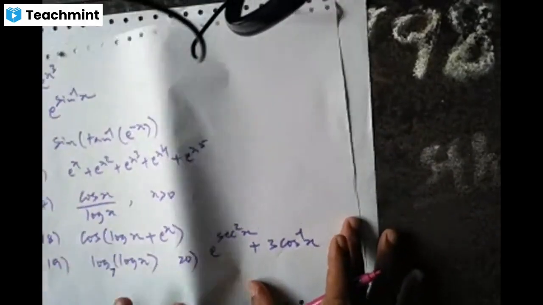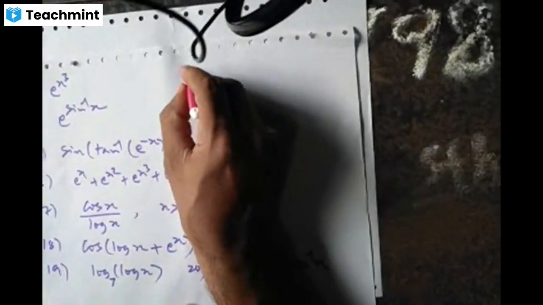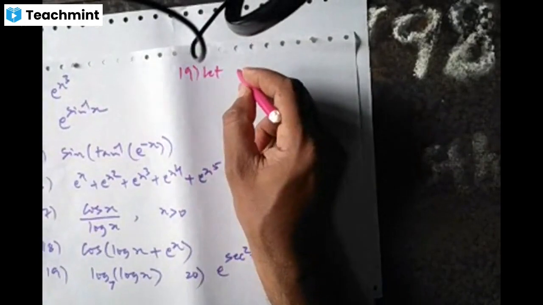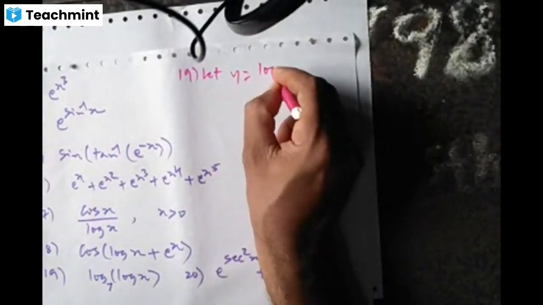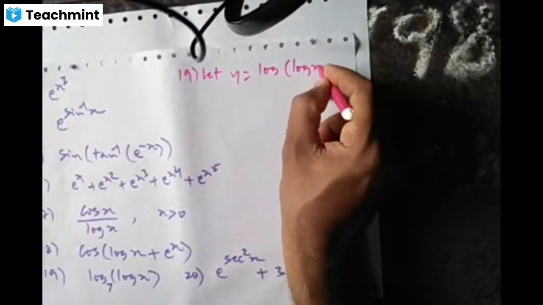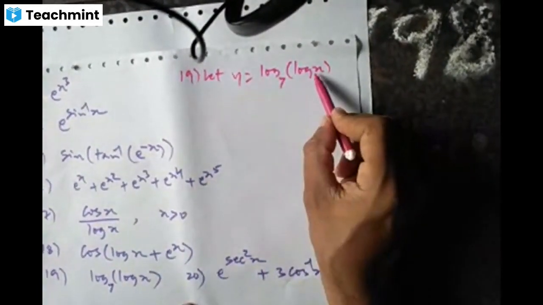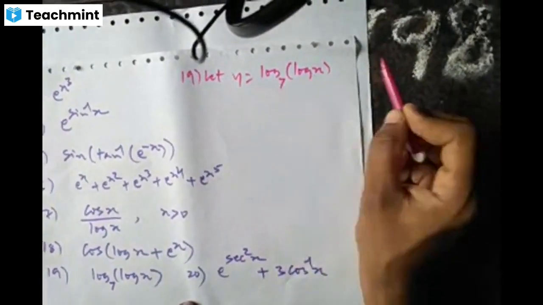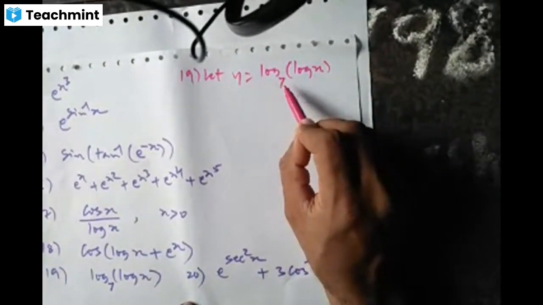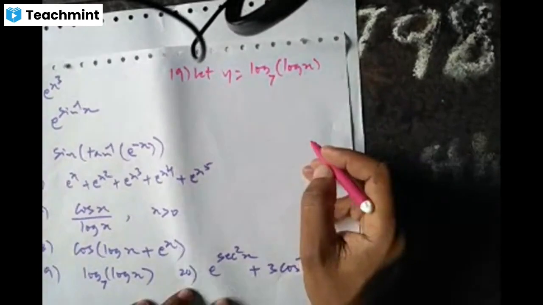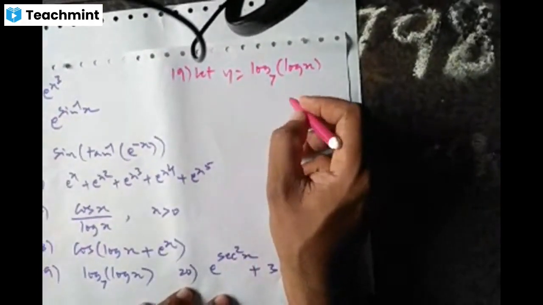So I'll take the function as y. Let y be equal to log of log x to the base 7. See here the base is e, here the base is 7. I can differentiate this function only when the base is e. So we shall use change of base formula.